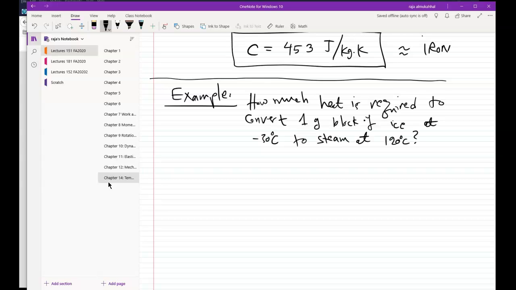What is the total energy needed, okay? Now, this kind of problem, we can't do it in one step. We have to go in steps.